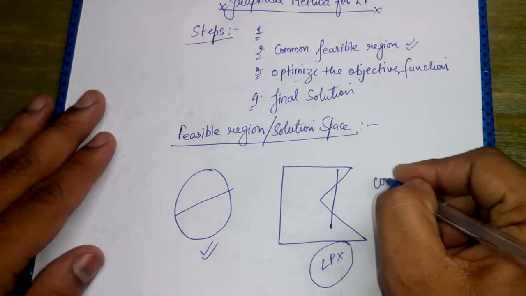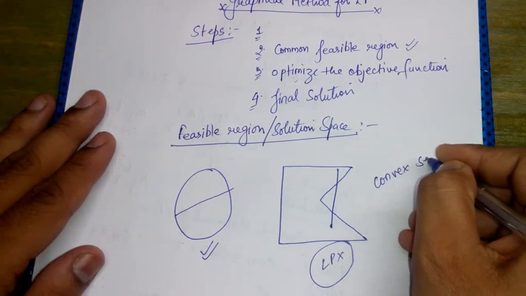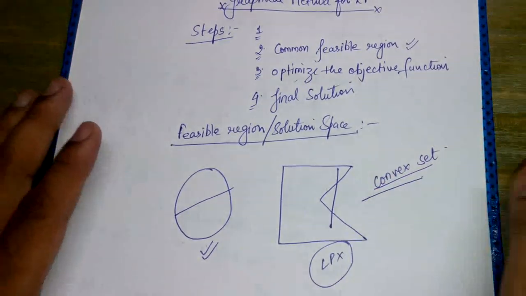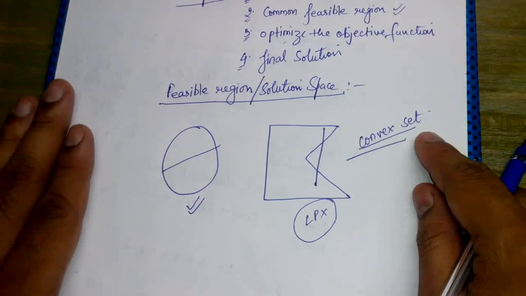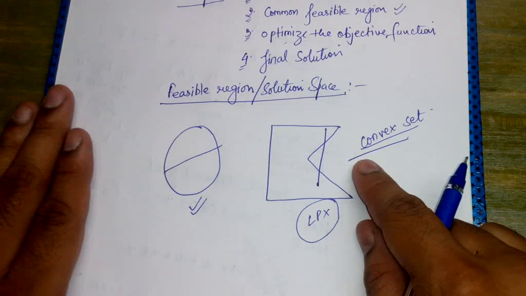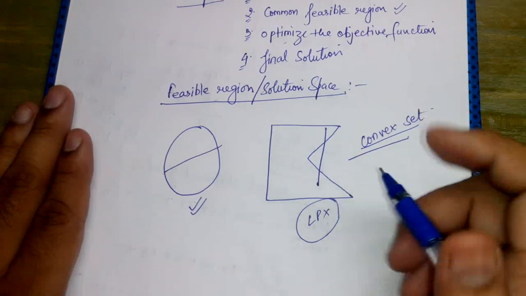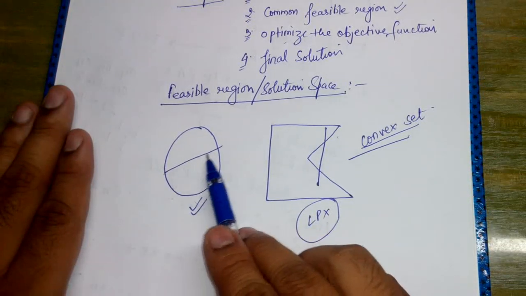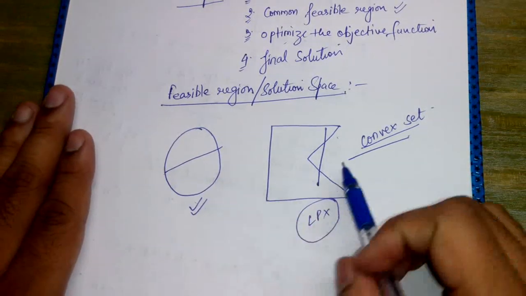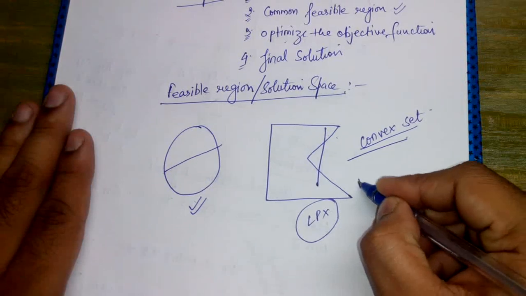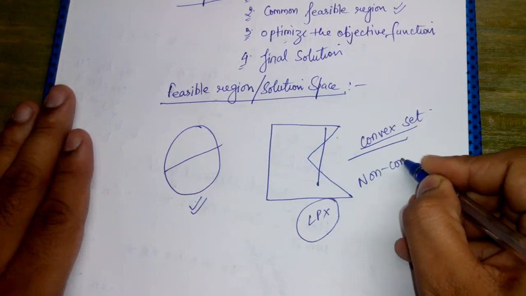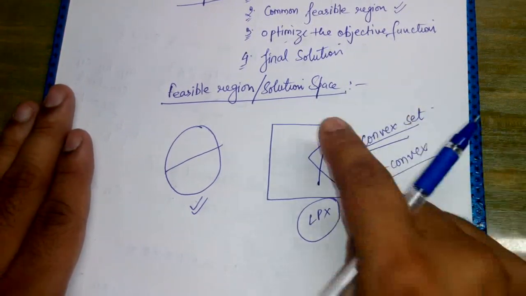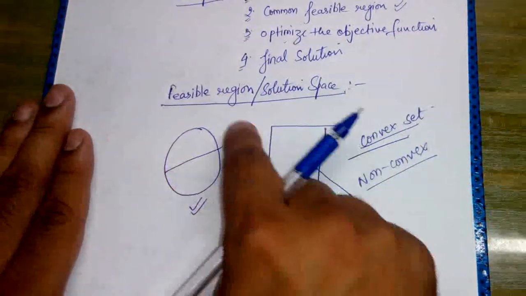Now I have introduced a term, that is convex set. What do we actually mean by convex set? If any 2 points are selected in a region and the line segment joining those 2 points lies completely within the region, then it is said to be convex, otherwise it is said to be non-convex. So this is a non-convex type and this is a convex type.